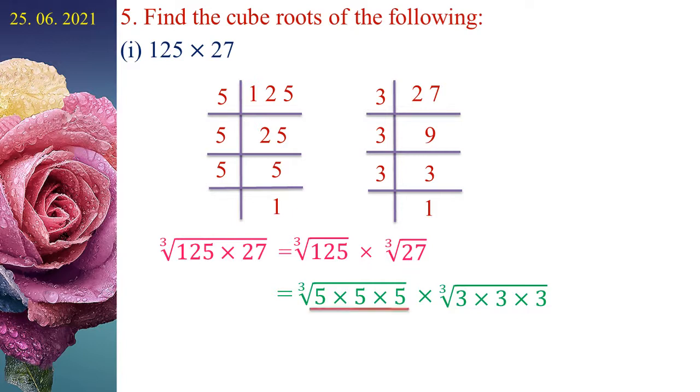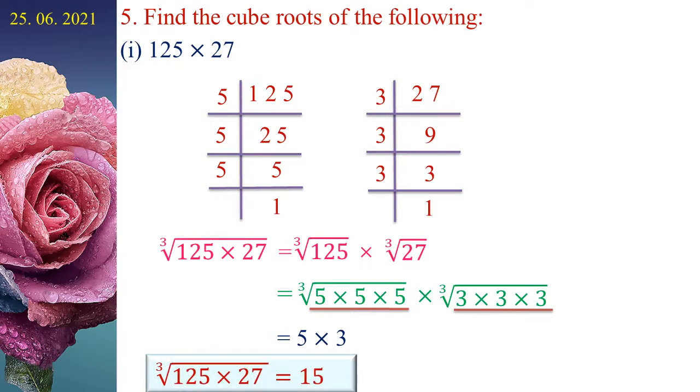Then we make triples of similar factors and take one factor from each triple. So 5 into 3. The cube root of 125 into 27 equals 5 into 3, that is 15.